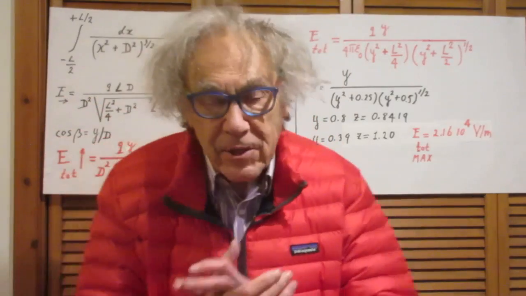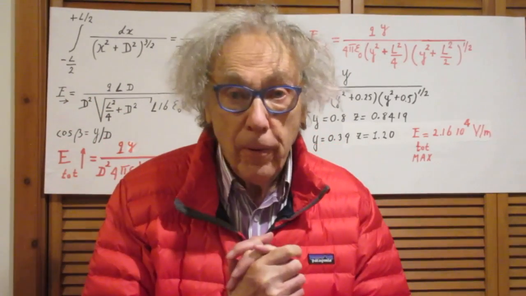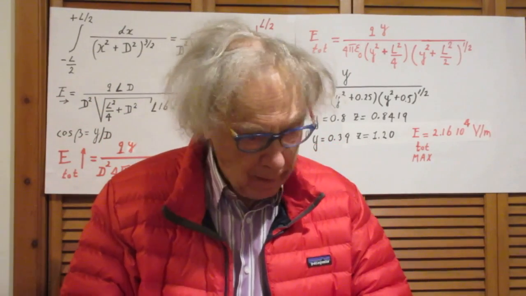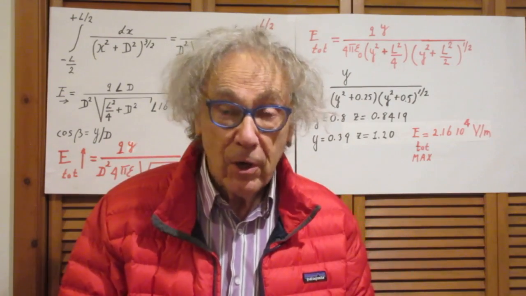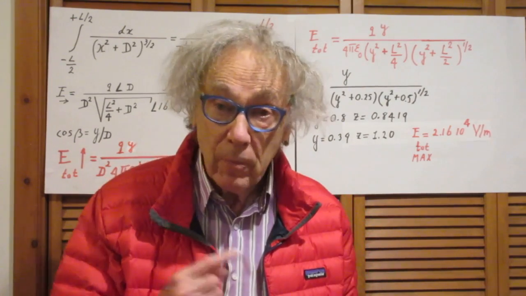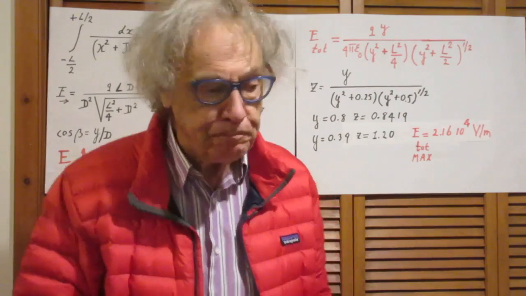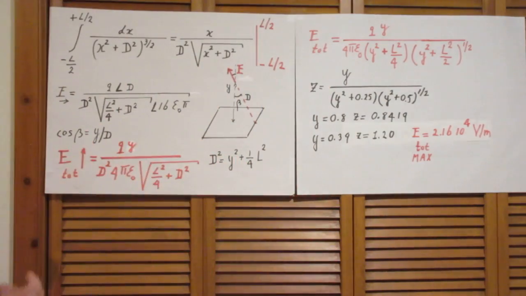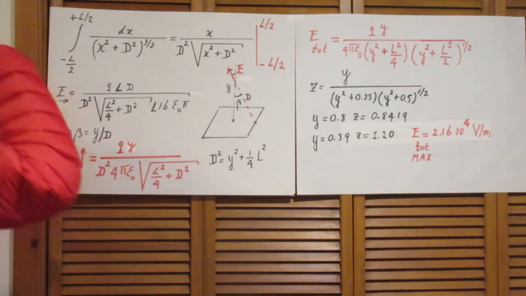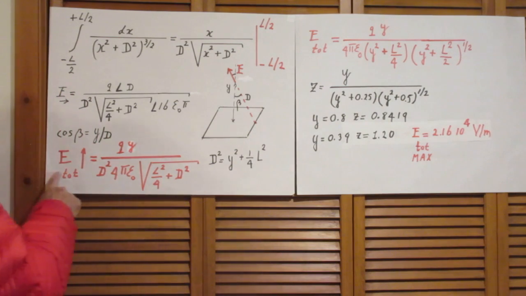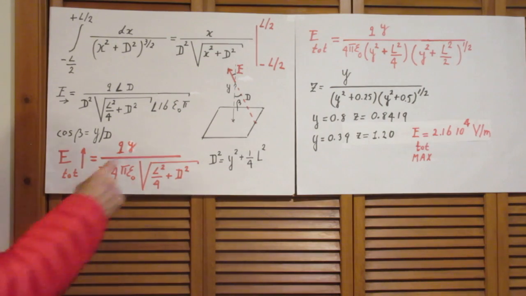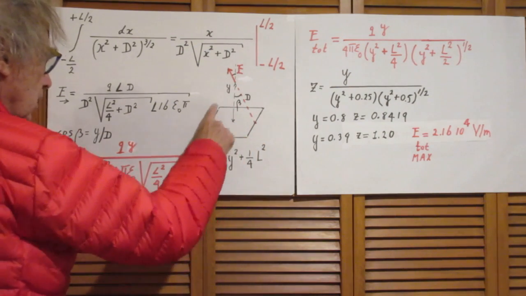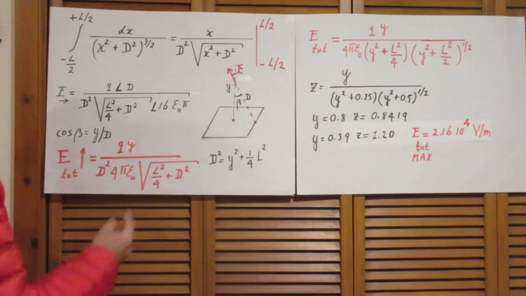I'd like to add something to my solution. I did something similar at the end of the previous problem with the charged ring. So for the charged square, this is then the total field, the vectorial sum of the contributions of the entire square.